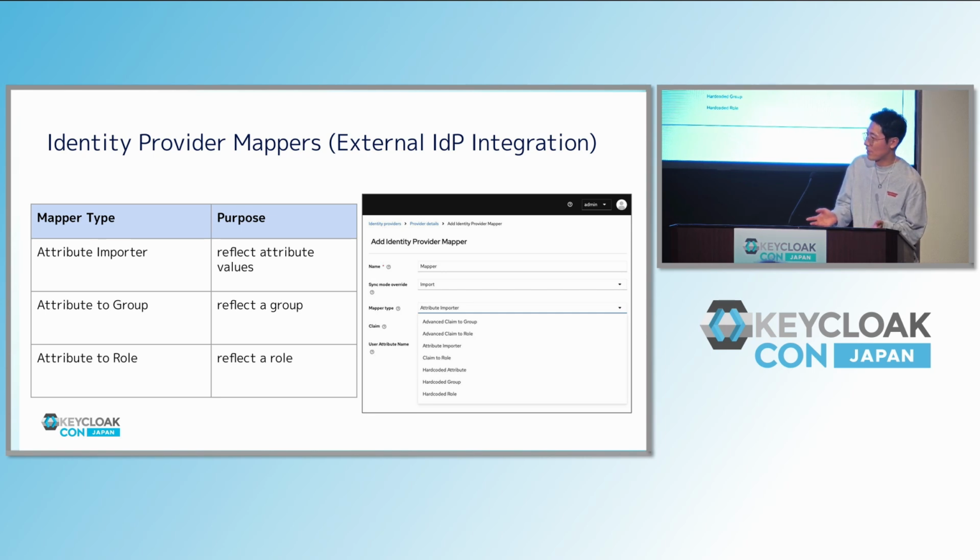If your group or role information is provided in a nested format or through custom claims, you will need to create custom mappers to handle those cases properly. That's why it's important to inspect the actual token or SAML assertion returned by the IdP and adjust or add mappers so that the correct information is imported into Keycloak.